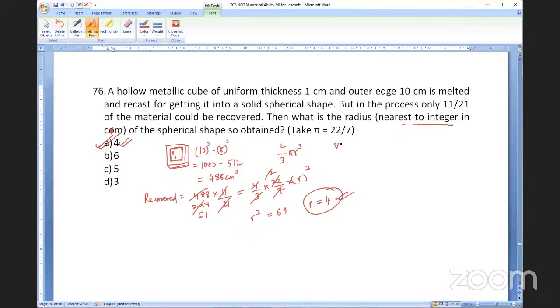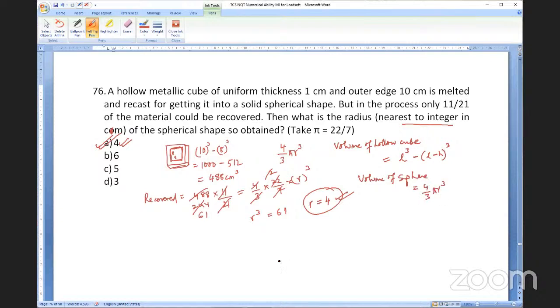Clear? Volume of a hollow cuboid or hollow cube is equal to L cube minus (L minus H) whole cube, where L is the length of the outer edge and H is the thickness. Volume of a sphere is 4 by 3 pi r cube, where r is the radius of the sphere.